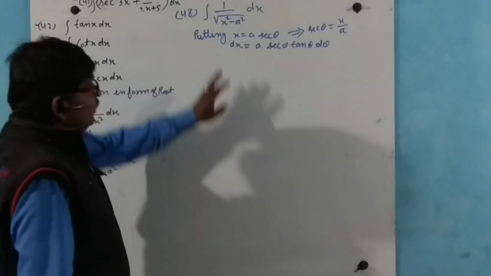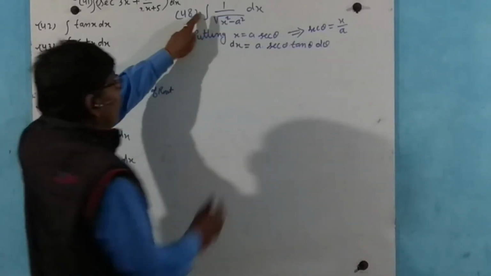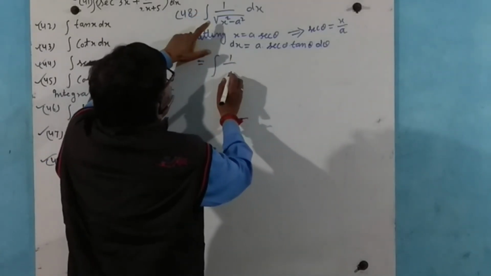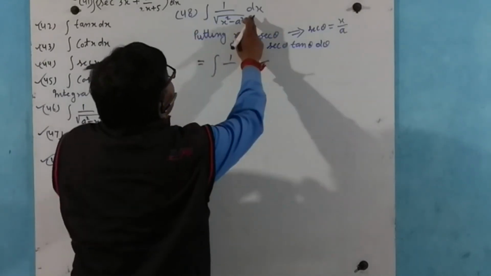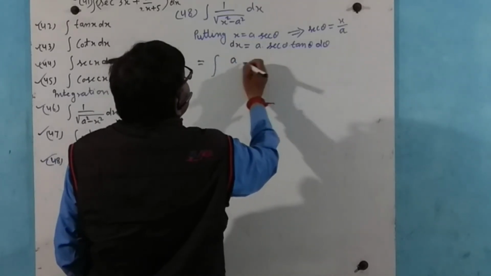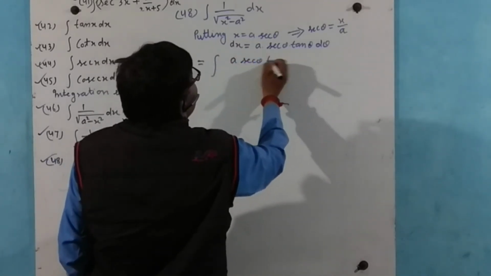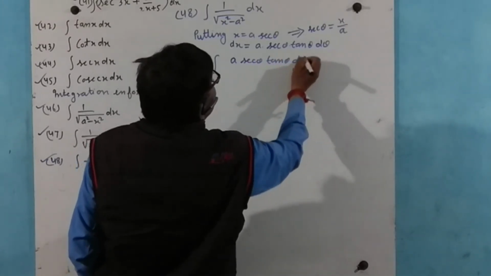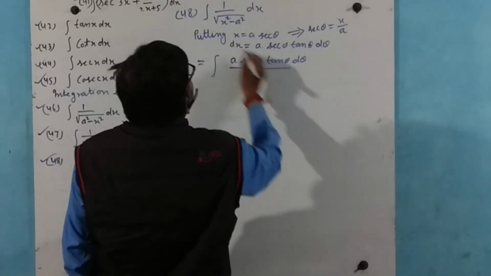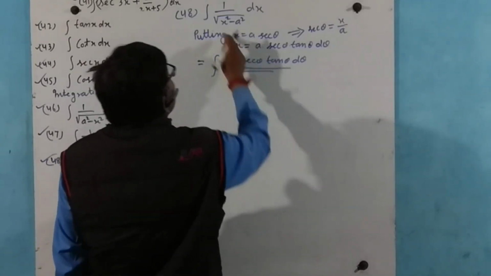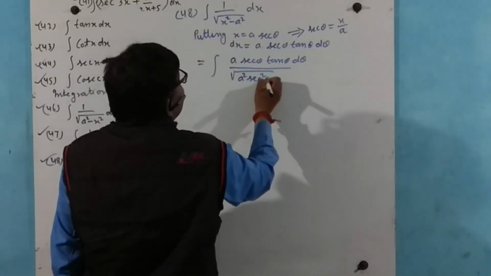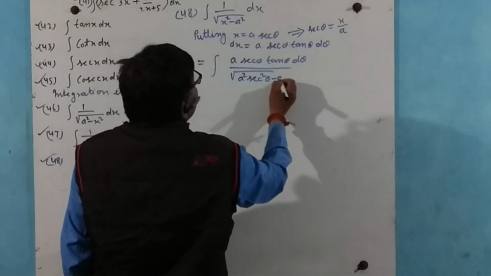Now putting this in our problem, the integration of 1 by under root x square minus a square dx, where dx equals a sec theta tan theta d theta, divided by under root a square sec square theta minus a square.